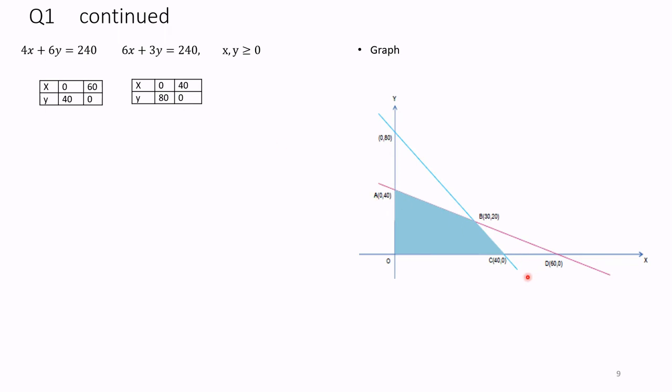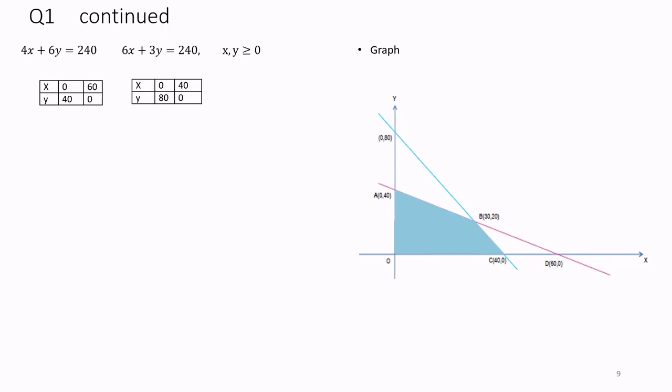For 4x plus 6y, when x is 0, y is 40, and when x is 60, y is 0. So this is the line.